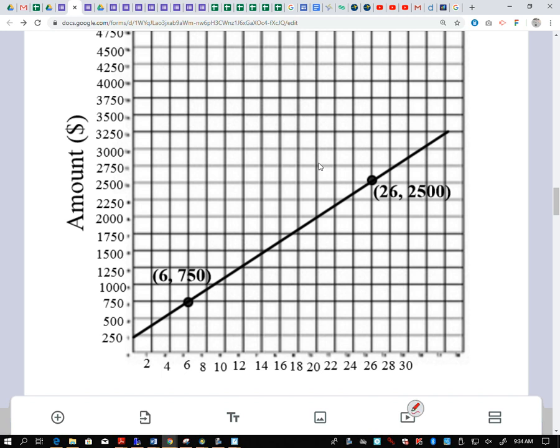Okay? In fact, it looks like she is adding $87.50 to her bank account every 2 weeks, I think is what we could say, because, sorry, it was 175 over 2, right?